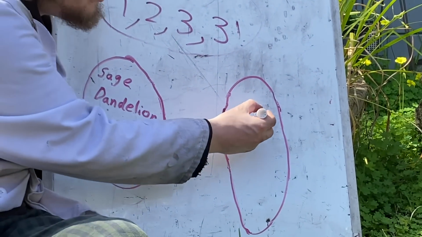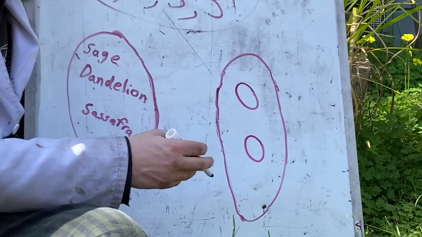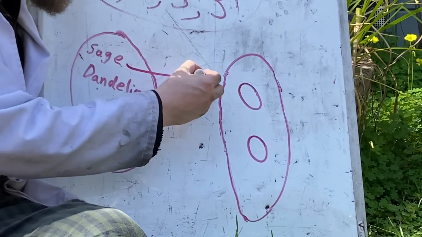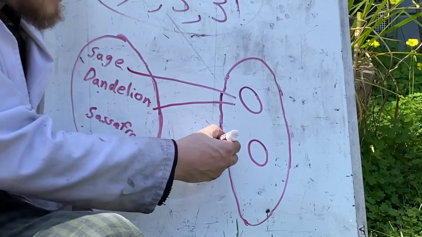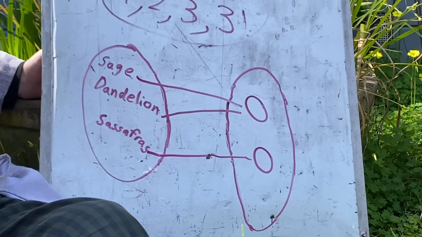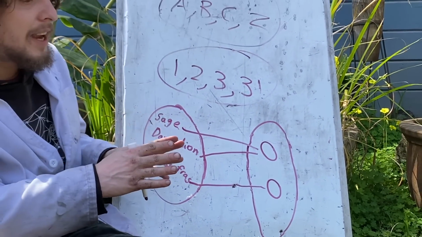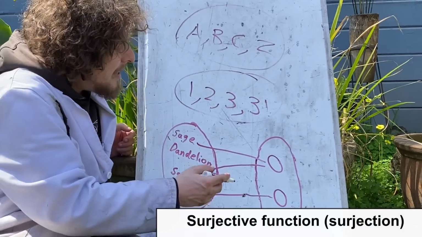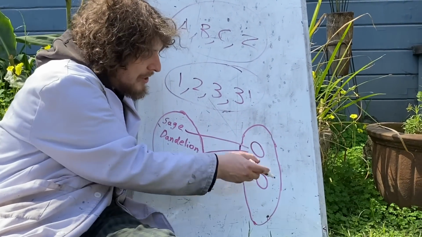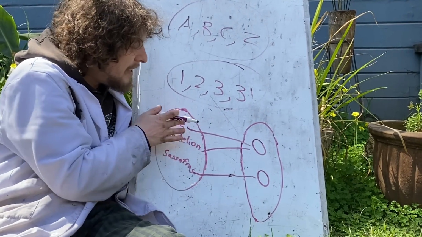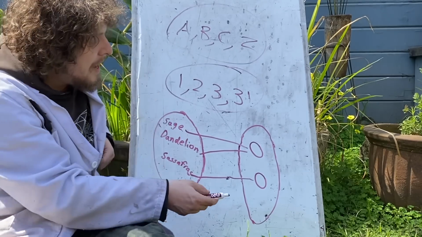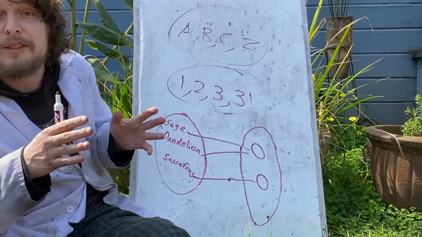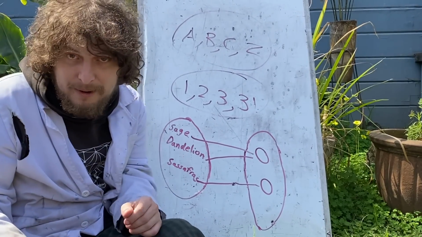If we have just 2 bowls, and we have a function where these 2 cats eat from that bowl, and this cat eats from the other bowl, this is known as a surjection, because each of our outputs has at least one input that leads to it. Or in our analogy, each bowl has at least one cat eating from it.